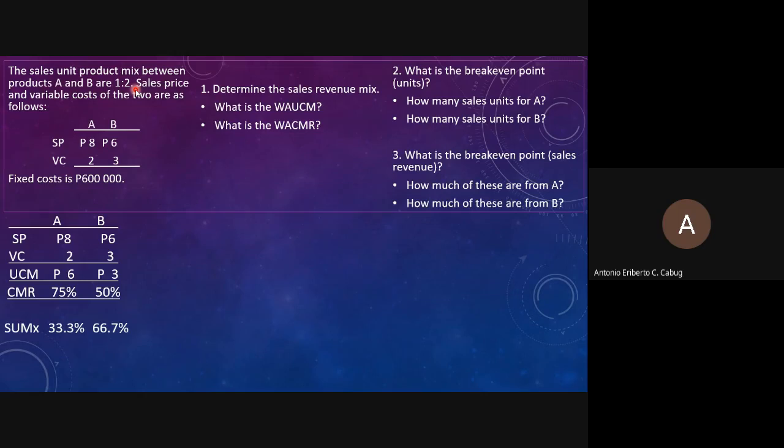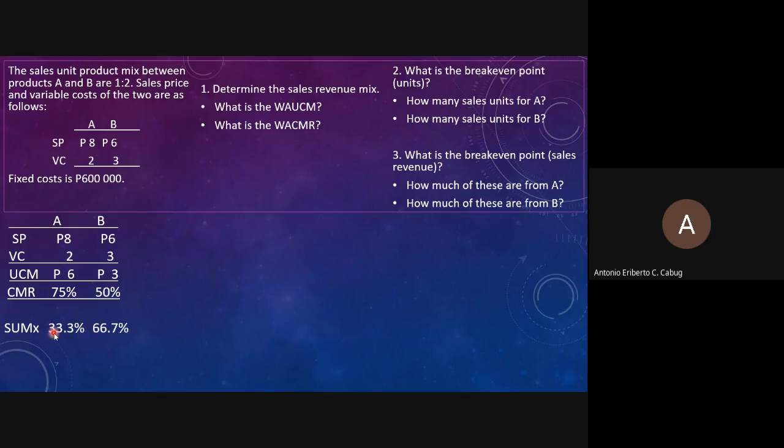So that we may complete 100%, let's make it a fraction. 1 plus 2 is 3. 1 over 3 is 33.33%. 2 over 3 is 66.666%. Okay? So I'll put it this way. Same lang to ha. 1:2, tsaka ganito, parehas lang yan. Mas gusto ko lang naka percent. Okay.